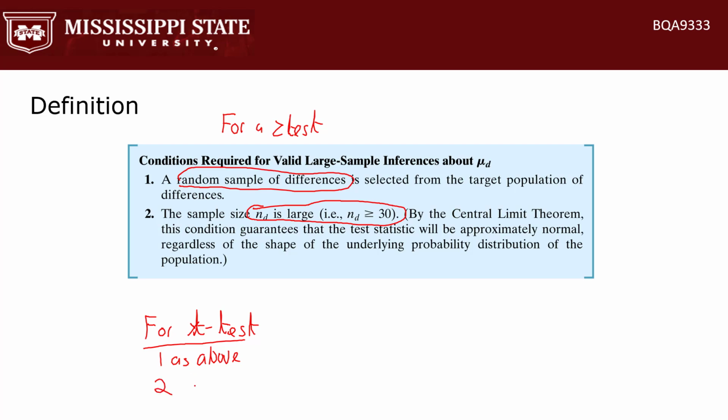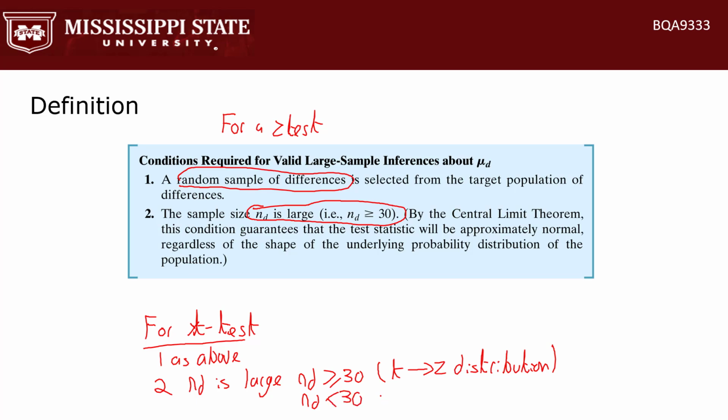But 2 is basically, either ND is large, so the T is kind of going to the Z distribution, or ND is small and the underlying data are approximately normal.